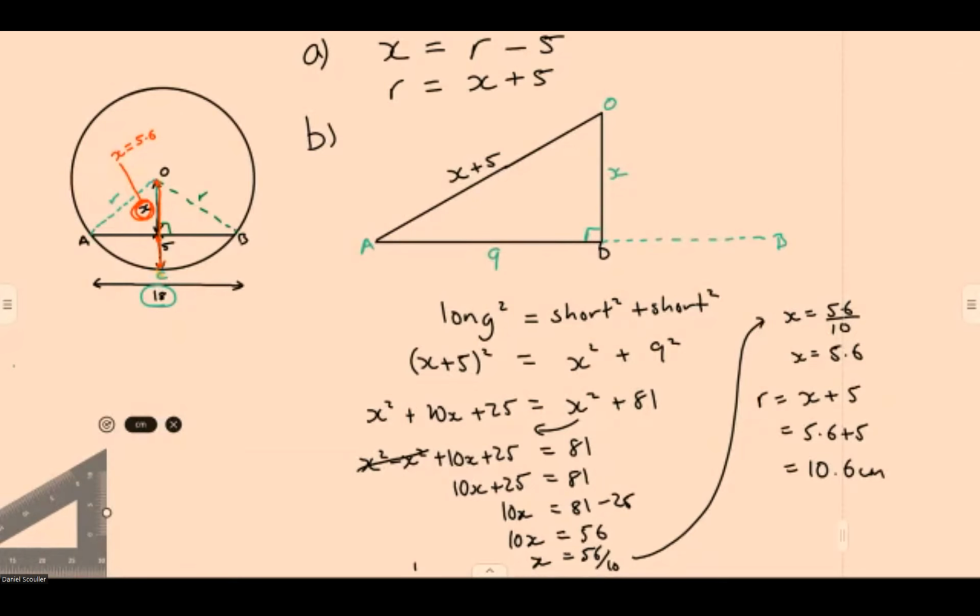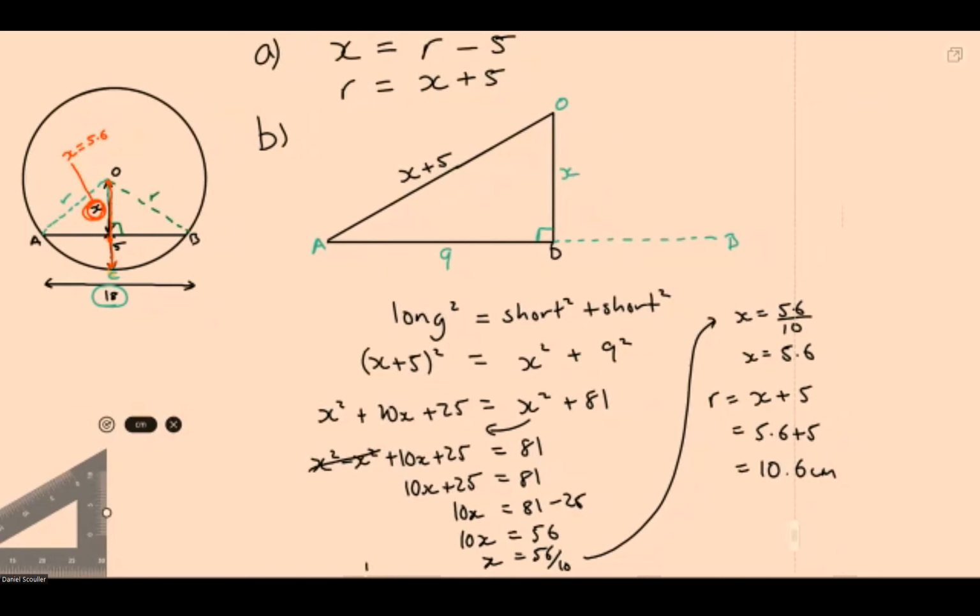I got that answer, but my tutor's done it a totally different way. The way that she got it is she got me to draw out the right angle triangle. We did long squared equals short squared plus short squared. But rather than doing the x plus 5 in the bracket squared on the left hand side, we broke the brackets on the right hand side and made it plus 81.